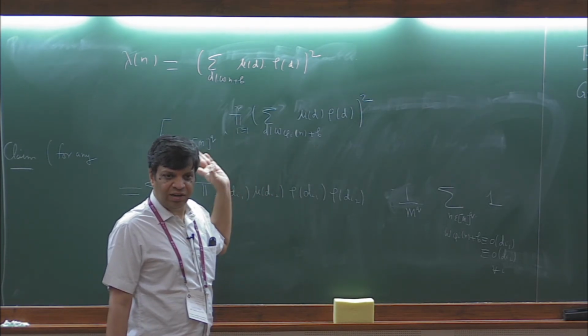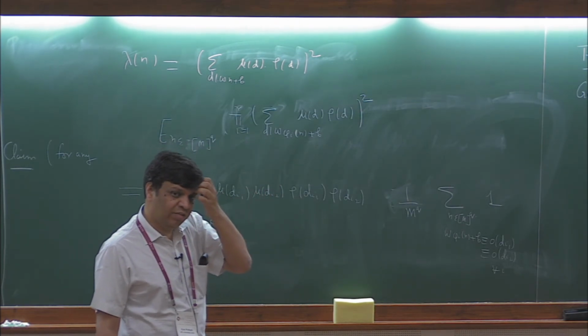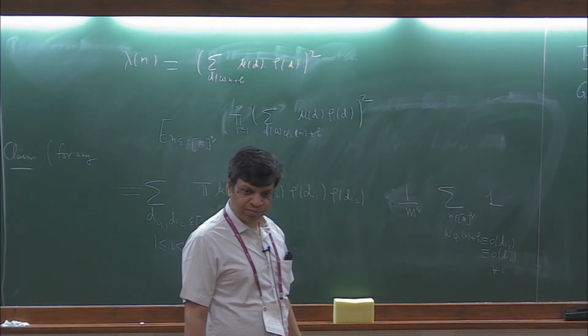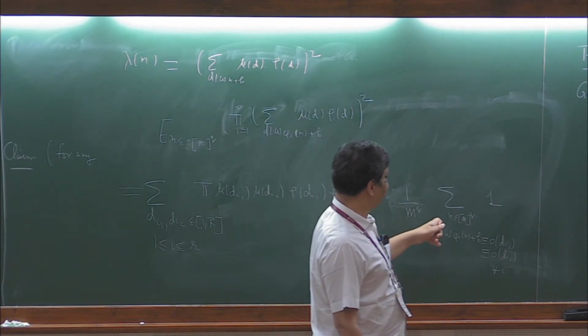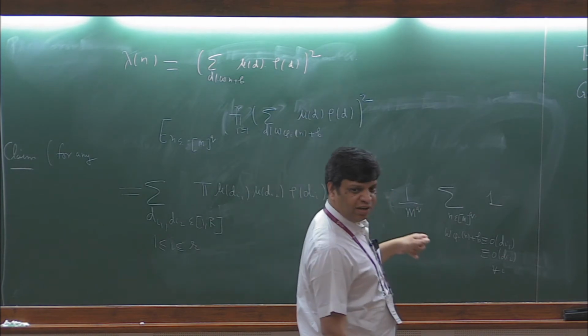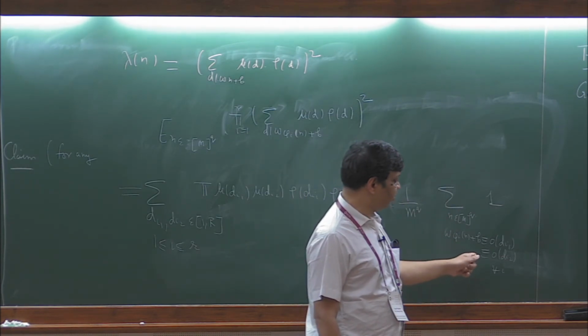The sum over d will vary only in the support of rho. And when you interchange, w phi n plus b is congruent to 0 mod d1 and congruent to 0 mod d2.